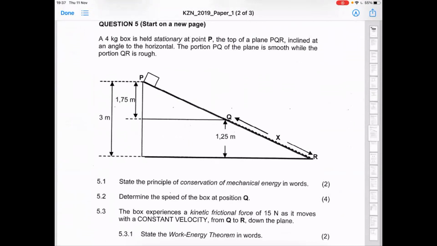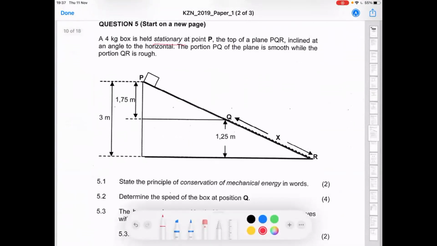A 4 kg box is held stationary at point P, so it's not moving. The top of the plane, PQR, inclined at an angle to the horizontal. The portion PQ of the plane is smooth, while the portion QR is rough. Okay, and then they've given us all the dimensions for the heights.